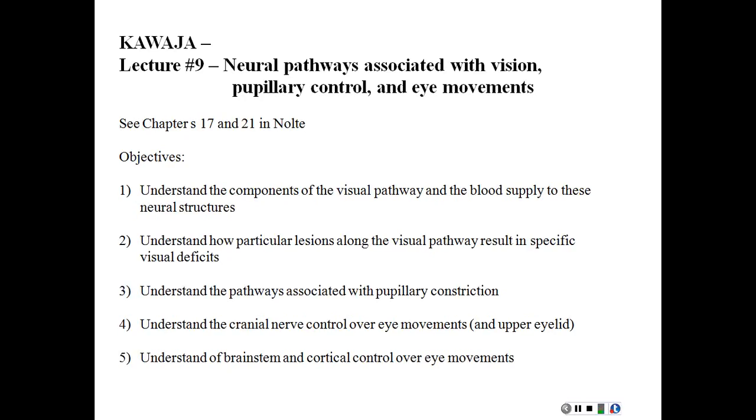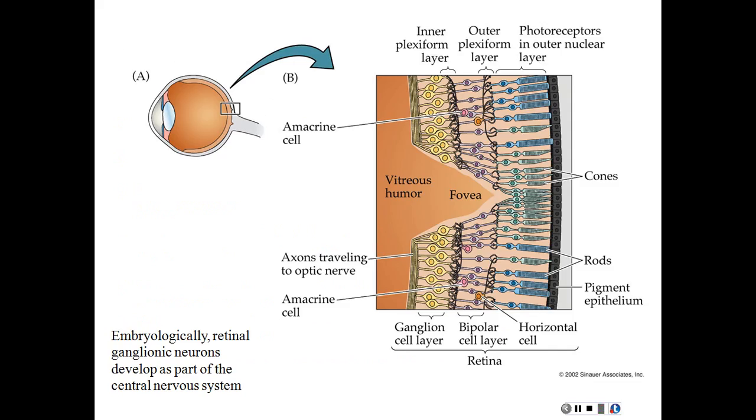And the reason why I don't get into too much more detail is because you'll have an ophthalmology block at some point later on, where the ophthalmologist will come in and describe in much greater detail vision and vision processing and the different disease states that occur. So some of this is actually going to be a little iteration, because I want to make sure that there are some core concepts here. And I think there are a couple of new ideas, and that's about it.